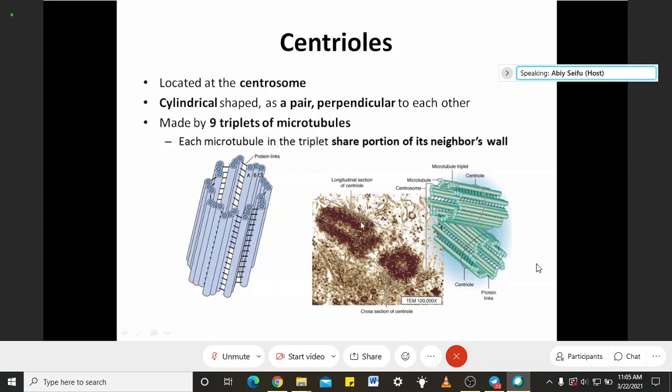It is found in a region named the cell center. This cell center is adjacent to the nucleus, adjacent to it we have the Golgi apparatus, and near to it we have the rough endoplasmic reticulum. More specifically, around the center we have the centrosome.